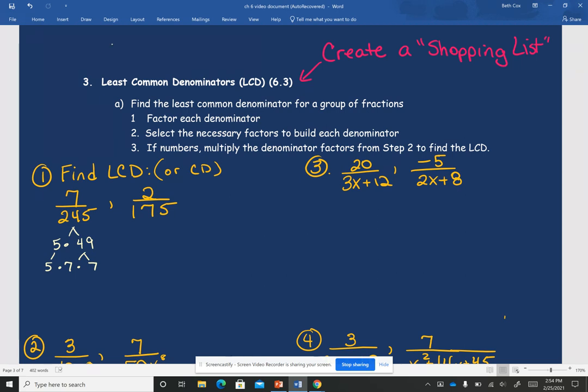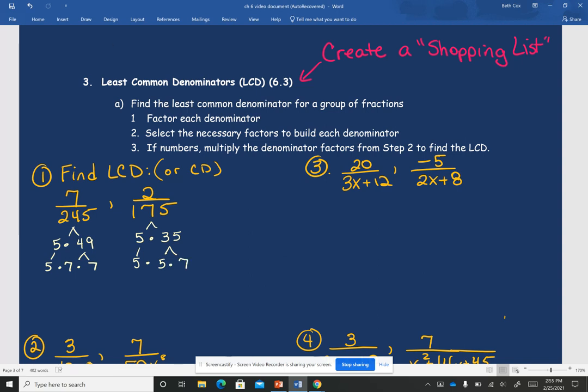Now 175, I know 5 goes into it as well, and it's going to be 5 times 35, and so that's 5, and that's 5, and that's 7.